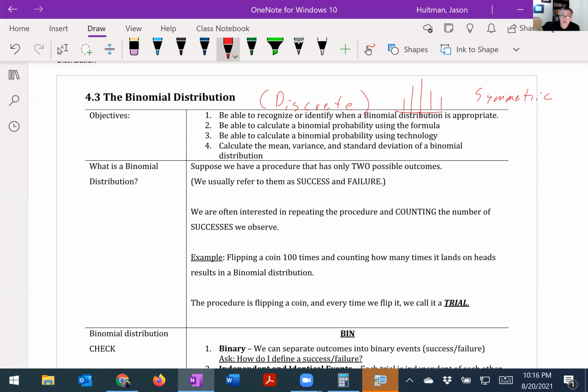Flipping a coin 100 times and counting how many times it lands on heads results in a binomial distribution. Flip the coin, is it heads? That's a success. Tails, that's a failure. Every time we flip it, we call it a trial. The first flip is the first trial, second flip is the second trial, third flip is the third trial.